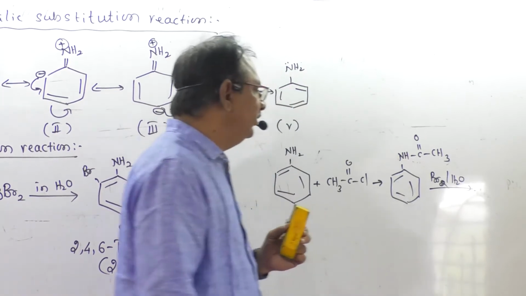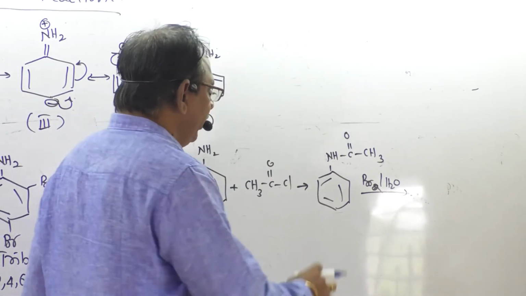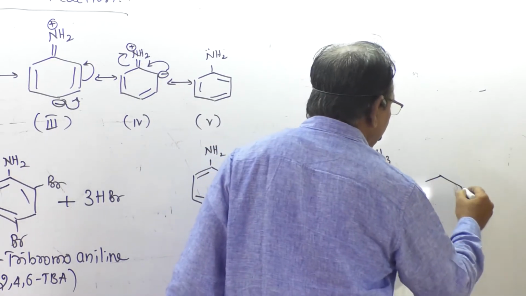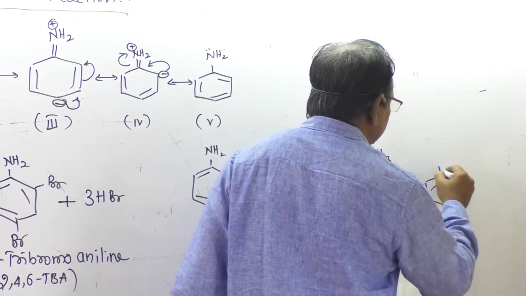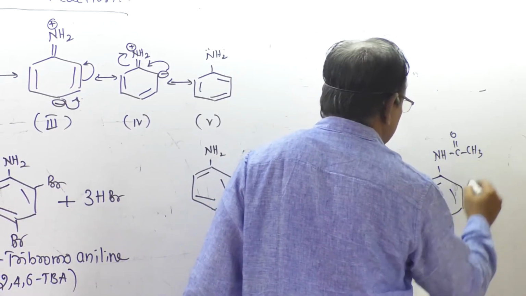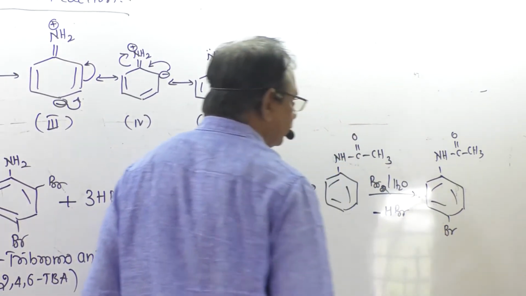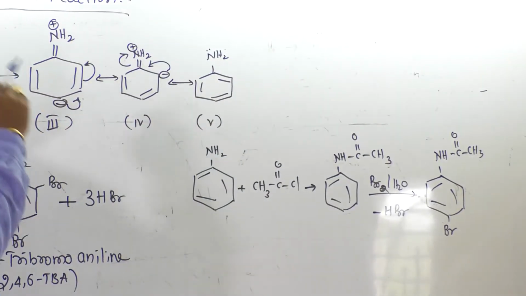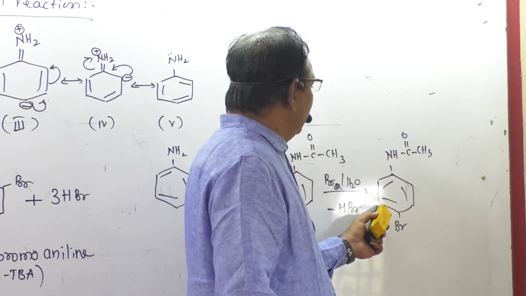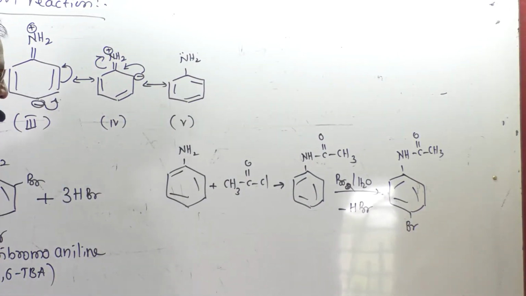Such a compound, phenyl acetamide, treated with bromine in water will give the product NH C double bond O CH3, minus HBr. So this is para-bromo acetanilide, formed by substitution at the para position.